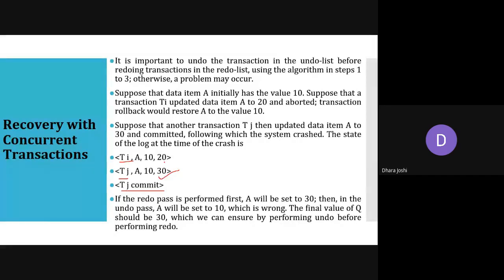But meanwhile, if a failure occurs, then what we need to do is first the undo operation. That means previously the value was 10. It will be changed to 20 with the help of the first instruction, this. After that, suppose the transaction runs into some problem and a failure occurs.